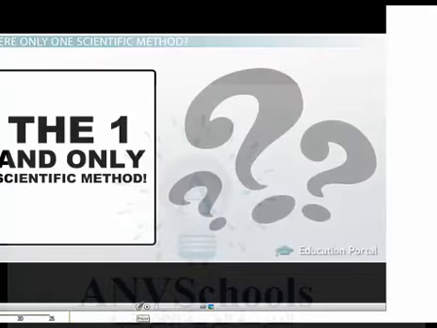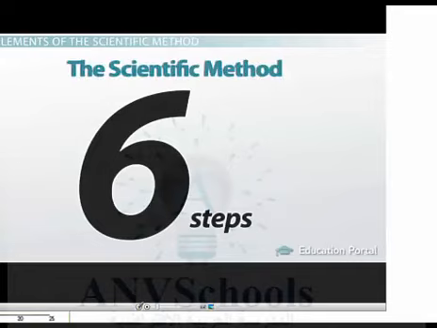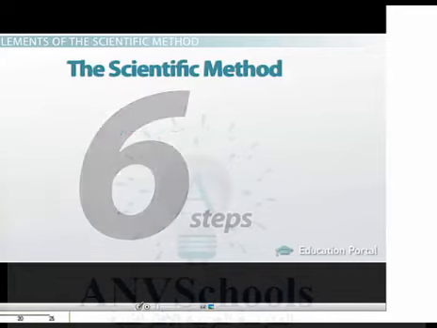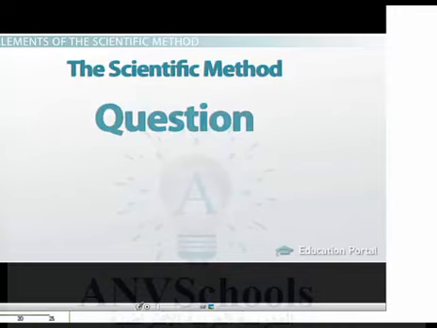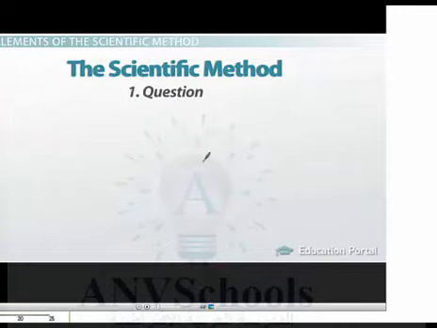So the first thing we do, we ask ourselves a question. After questioning, we go to the next step. We have only 6 steps here that are categorized. So we question ourselves. A scientist proposes the problem.